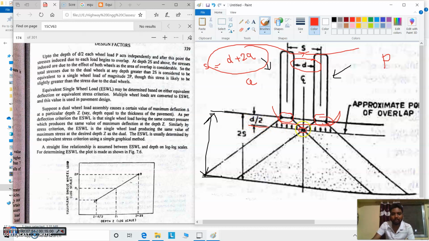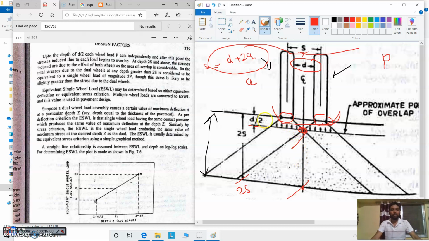After this D by 2 depth, the stress overlap increases up to the depth of 2s. After the depth of 2s, it is considered to be equivalent to a single wheel load. Between these two points, we have to consider the deflection criteria, right?